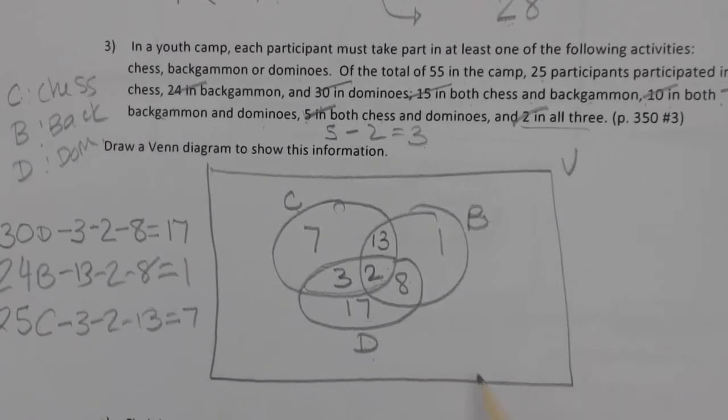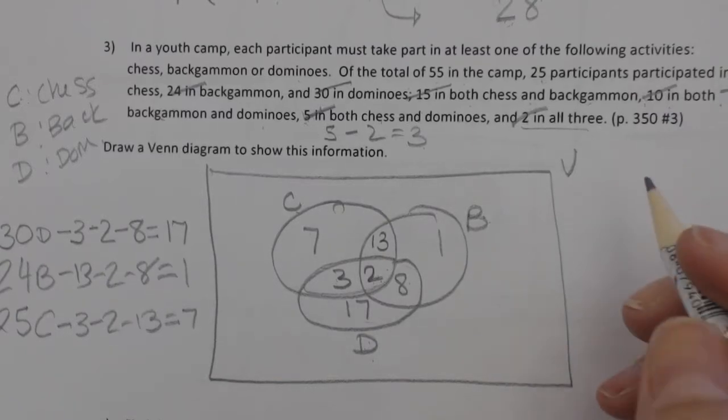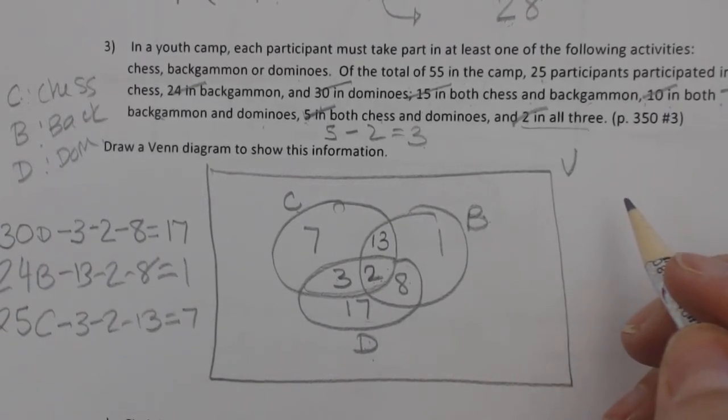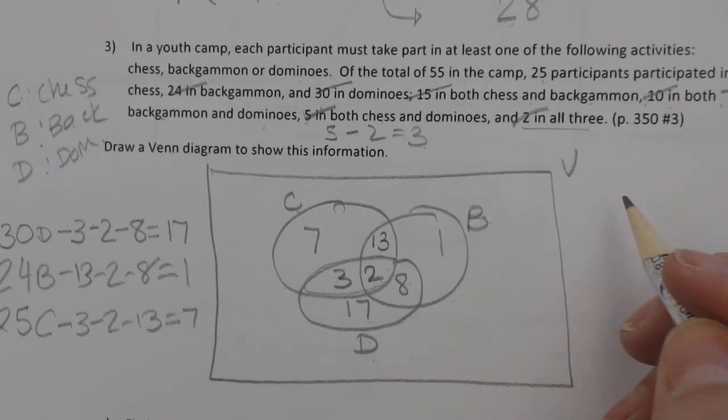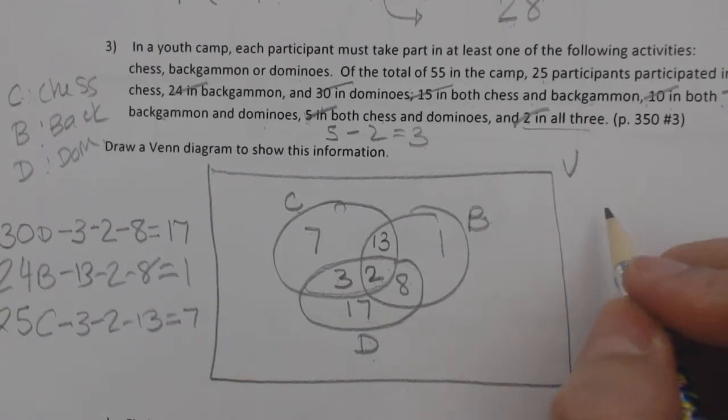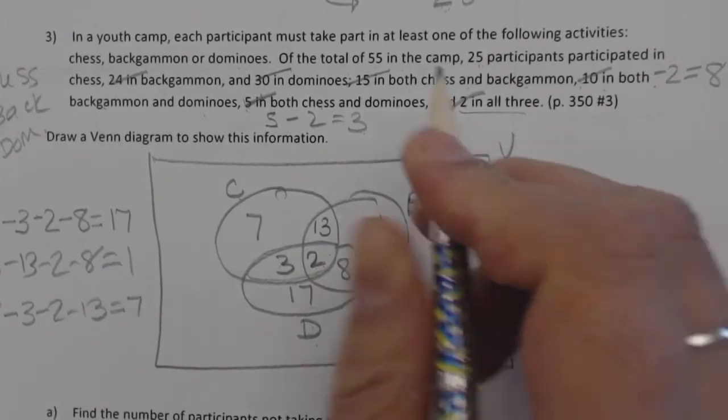I kind of like to figure out this neither part. So if we add up all of these numbers and subtract from our 55, we're going to see how many took neither. So I'm actually going to do that.